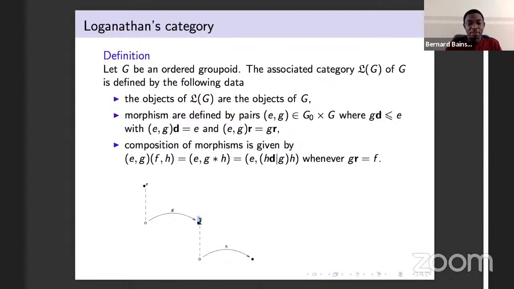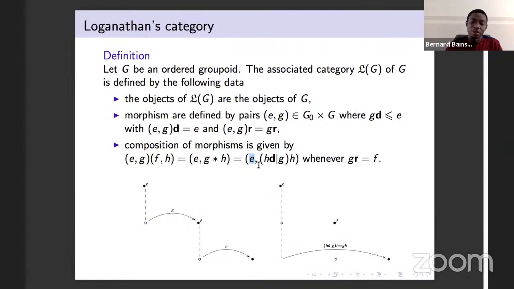And when we can do the composition, then the composite will be the morphism from e up to the domain of the co-restriction of g to the domain of h. So we will have a morphism that sits below here, which is the co-restriction of g to the domain of h composed with h, and then we have e as a starting point.